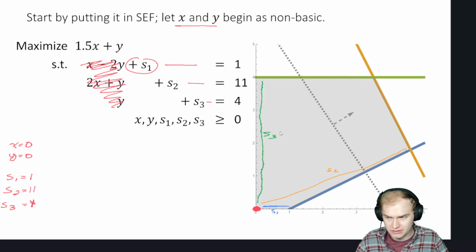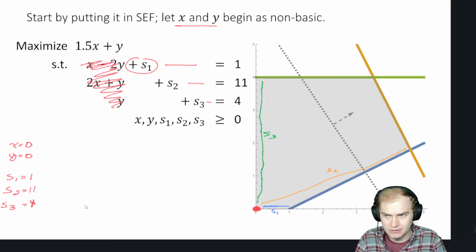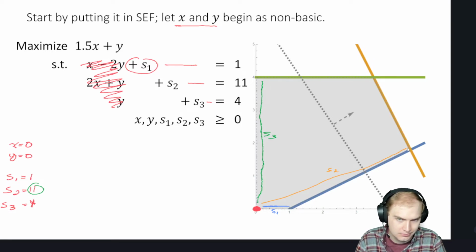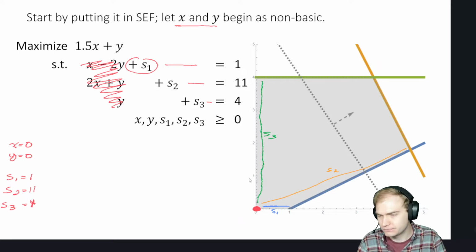And I keep saying distance, but we need to remember that these metrics are not identical between constraints. So the true distance to this yellow line, the Euclidean distance, is probably something more like 5.5, but we have an 11 here, so it's not quite exactly the traditional Euclidean idea of distance.